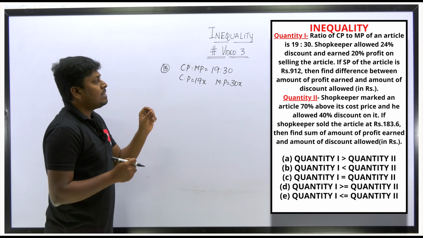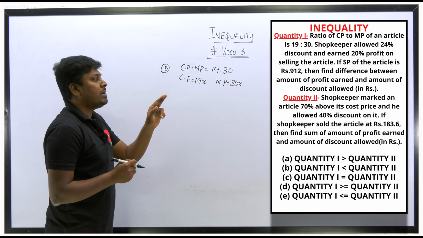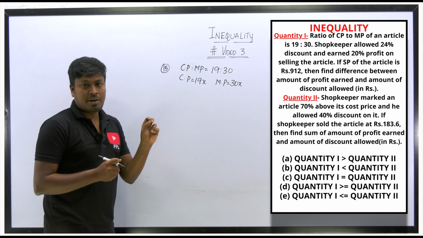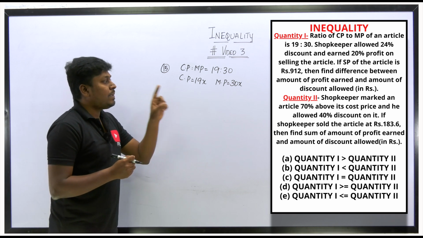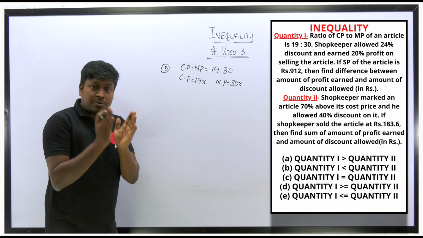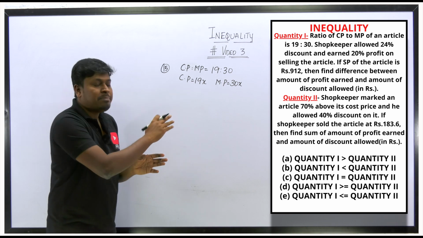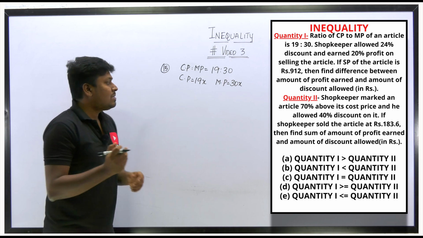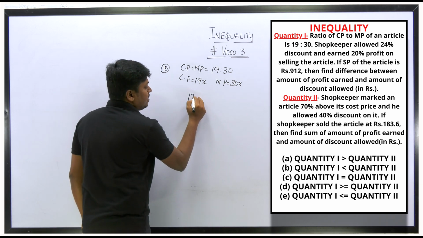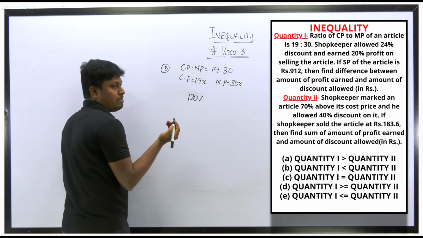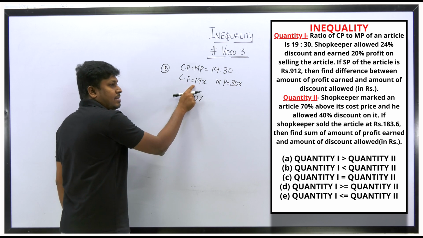So now what they are saying is, how much discount has been allowed? 25% discount has been allowed, and how much profit did he earn? 20% profit. From the 20% profit, where the selling price is also given, which is 912, it is easy to say that 120% will be the selling price percentage from the cost price, right? Just listen here.